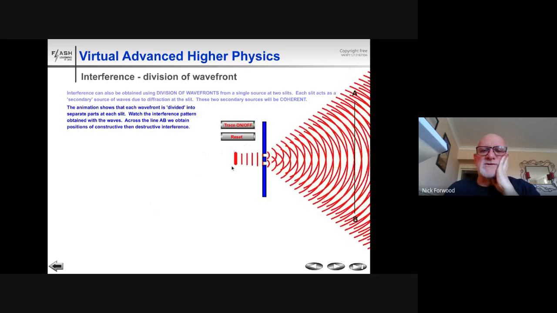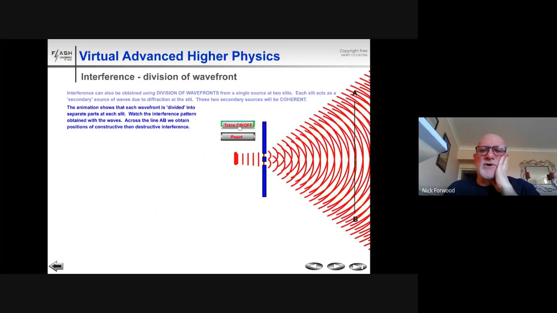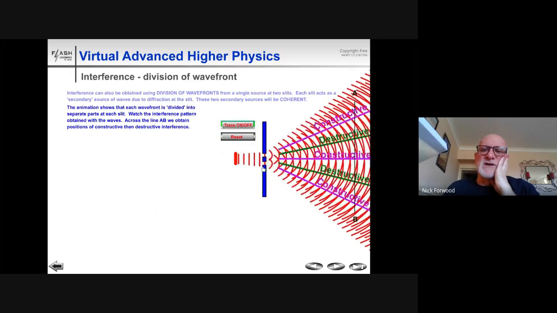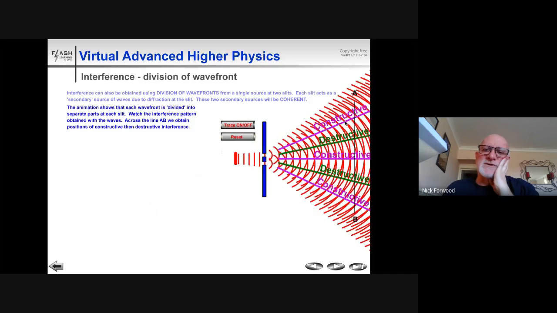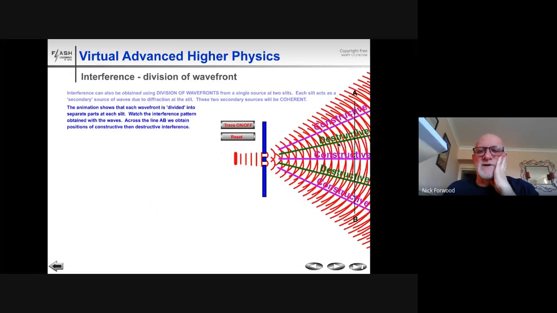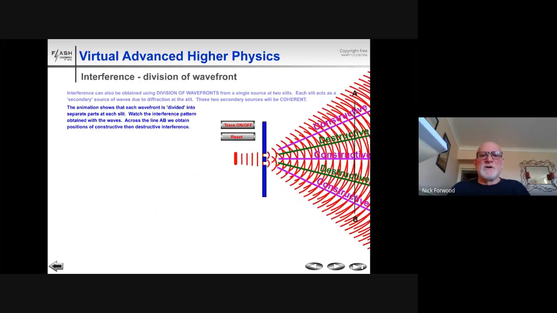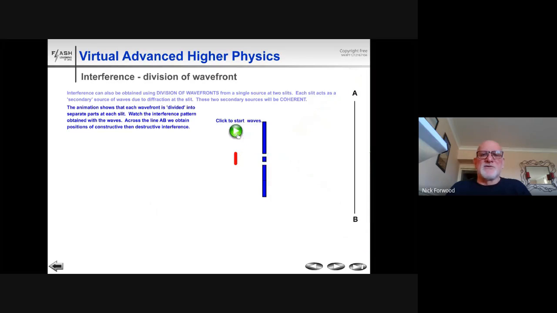You can press buttons, reset. You can put on this thing called a trace, and then you can see where the lines overlap with constructive and destructive interference. I think it's quite good to have a look at that.